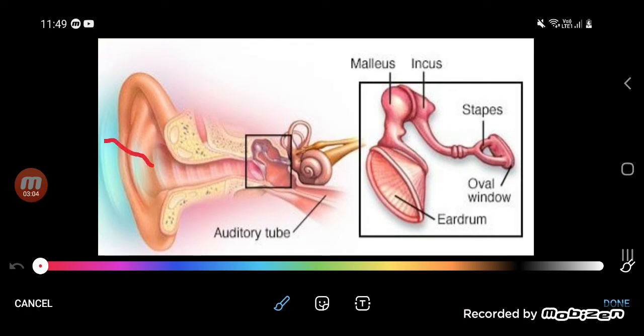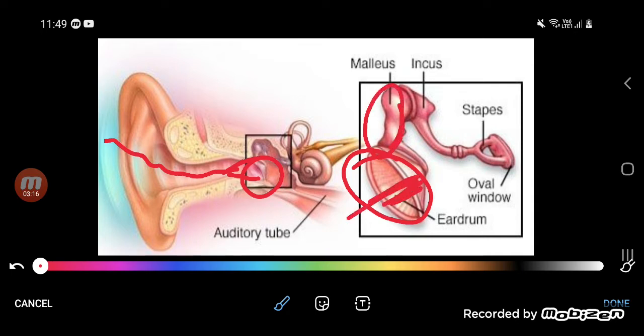When the vibration comes through our ear canal, it reaches the eardrum, and our eardrum vibrates. Because of the vibration of the eardrum, the malleus, incus and stapes also vibrate, because these are very teeny bones in our ear. And because of the vibration of these teeny bones, some chemical reaction happens here.